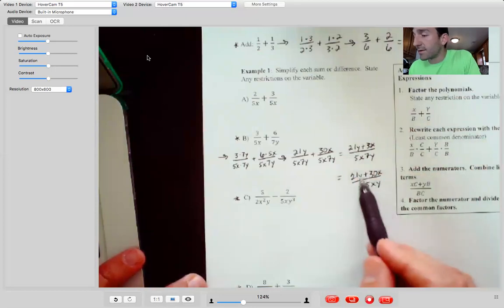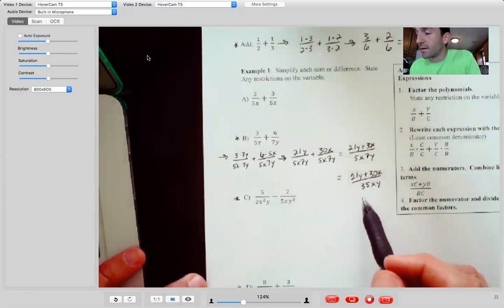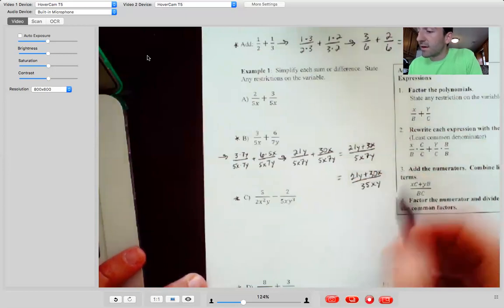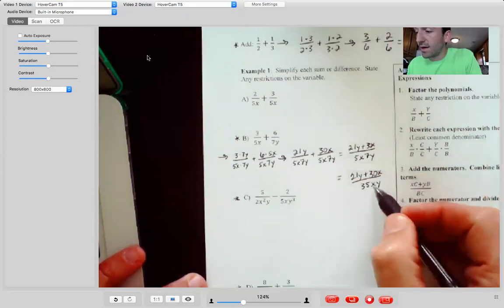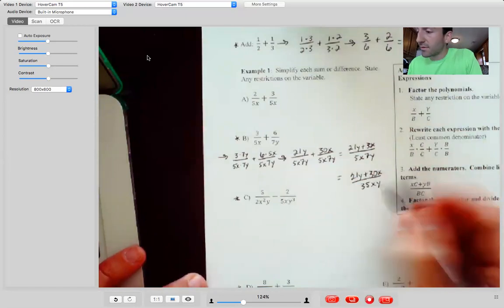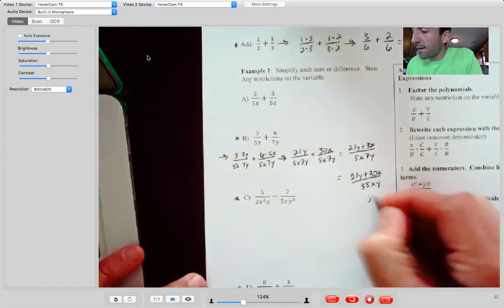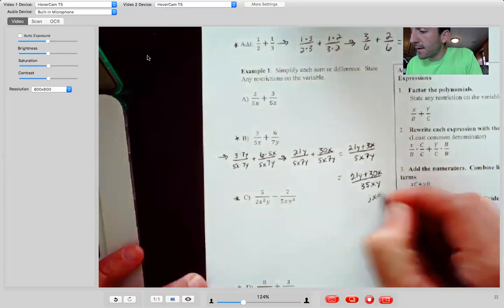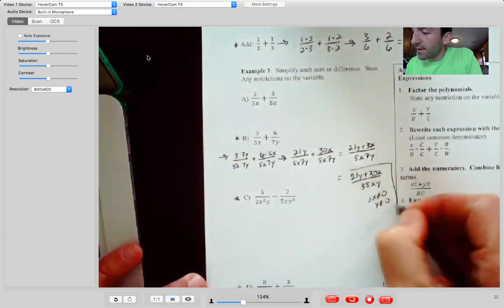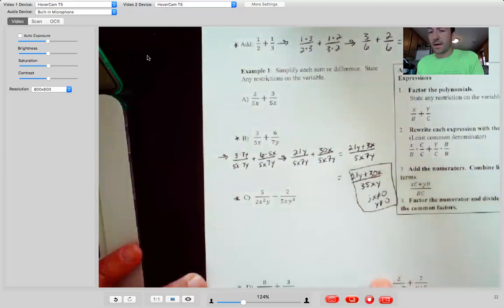Well, we could factor out a 3 from those, but that doesn't really help us. So we'll just leave as is. And our restrictions are x can't equal 0 and y can't equal 0. So that's that one. Go a little bit quicker on the next one, maybe.